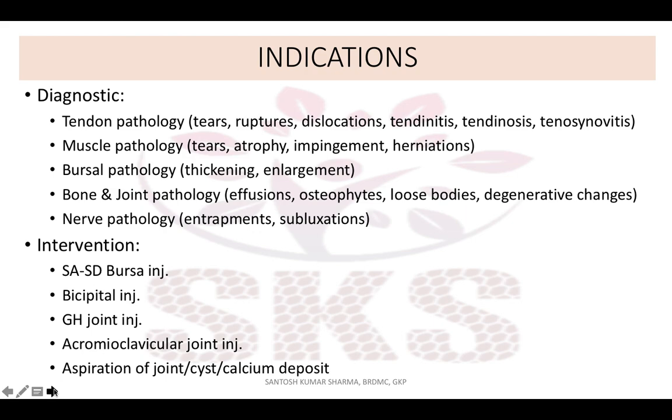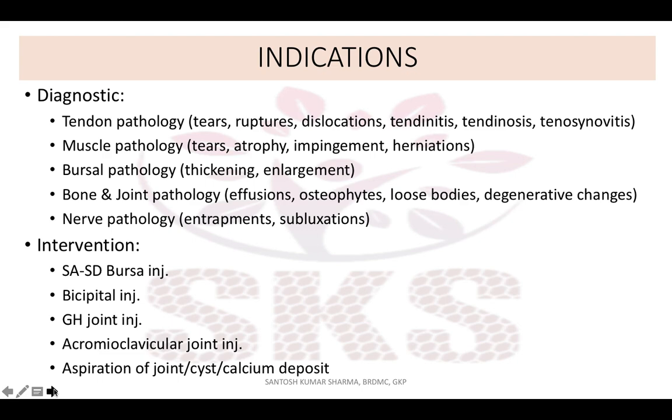Apart from the rotator cuff, the non-rotator cuff pathology includes the bursal pathology, which can be thickening or enlargement, then the bony and joint pathology, which can deal with effusions, osteophytes, degenerative changes, loose bodies, and the nerve pathology, especially of the suprascapular nerve, which can get entrapped, or there can be neuralgia of these nerves.